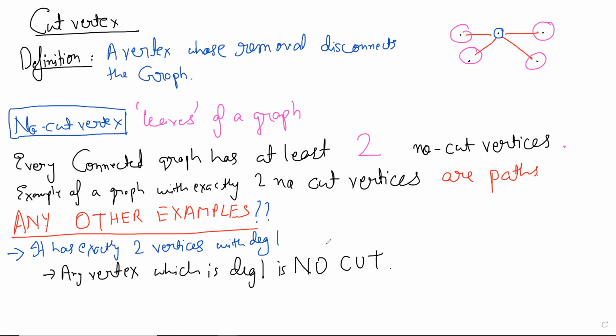So the point is that you can try to construct a graph in which there are only two vertices of degree 1. But there may be other vertices which have higher degree, but they can also be no cut.